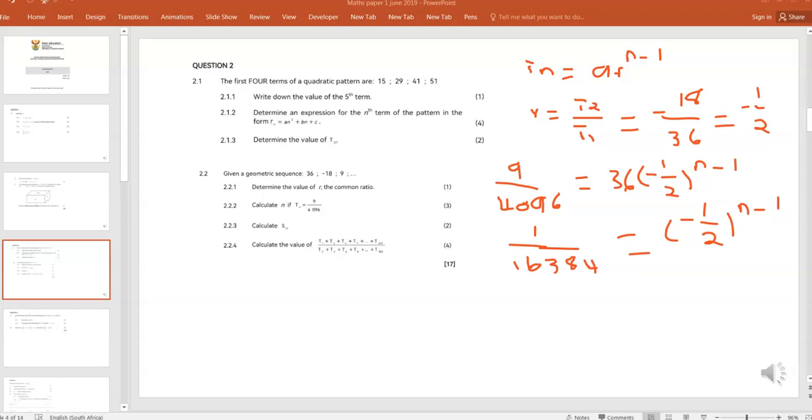So now from here onwards, you can use any log rule. You've got a big number there, so I think the best thing you can do is just to log both sides. But wait, we've got a base which is 1 over 2. Is it possible to make this number a base of 1 over 2 as well? Is there a number which I can make to the power of 1 over 2?